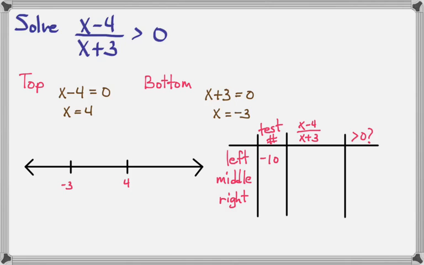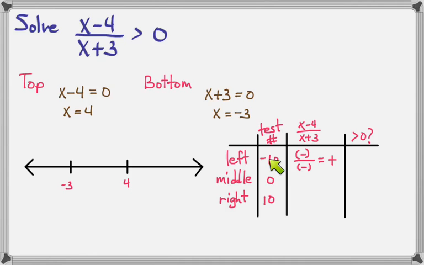So I'm going to choose negative 10 to represent the left side of my line. And let's choose 0 for the middle and positive 10 for the right. And what we're doing as we go along is we're plugging each of these numbers into the inequality expression, and all we're really interested in is the sign of the answer.